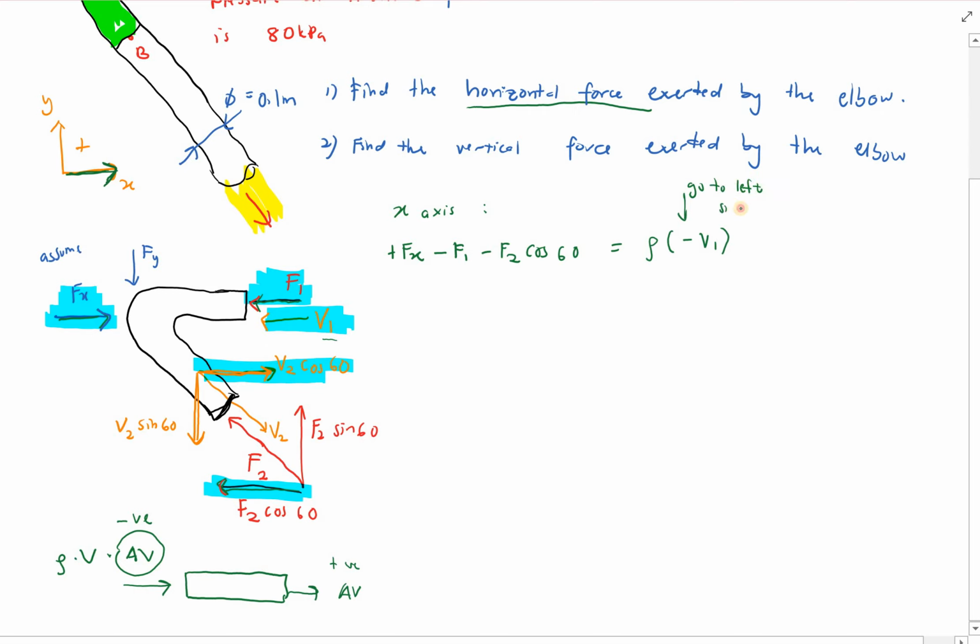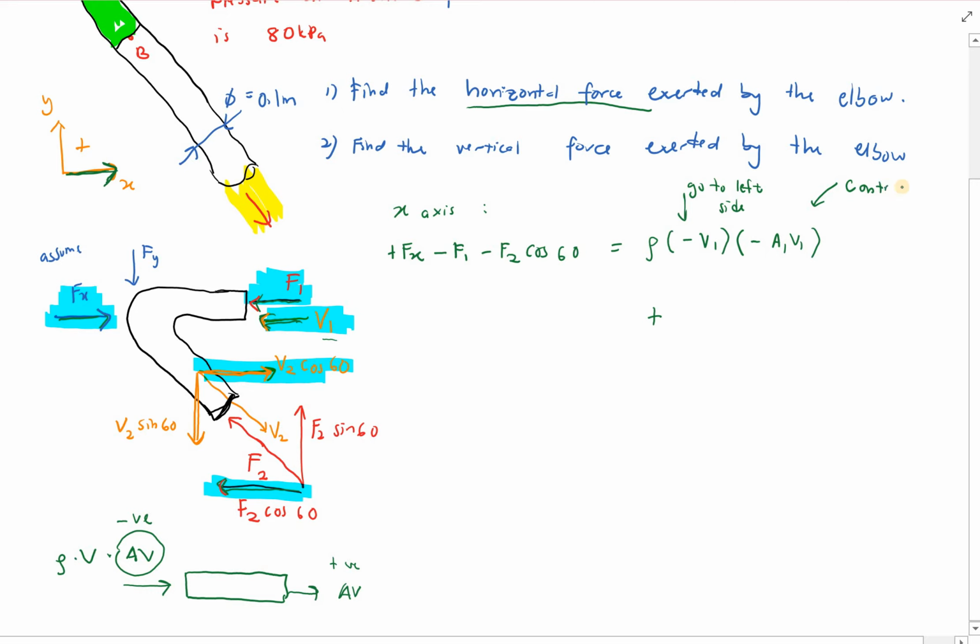Okay, and then here, this one, your V1 is entering a system. So when it's entering a system, what do you have there? You will have negative A1 V1. Okay, this is the force at control surface 1.